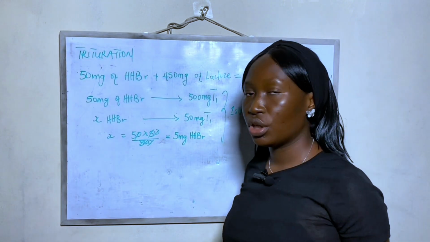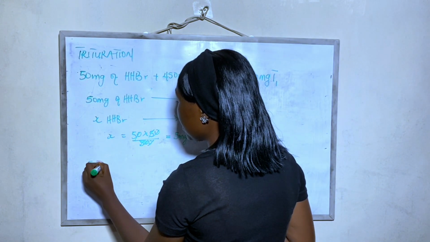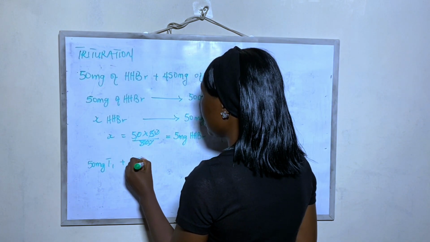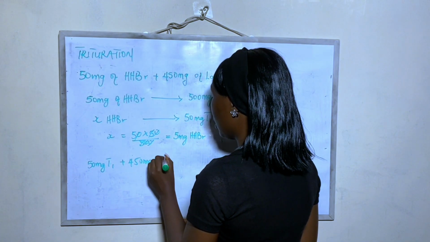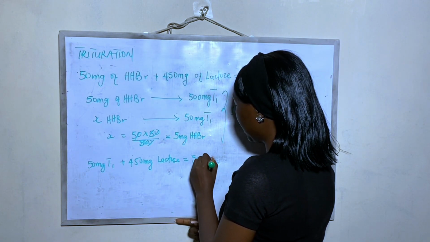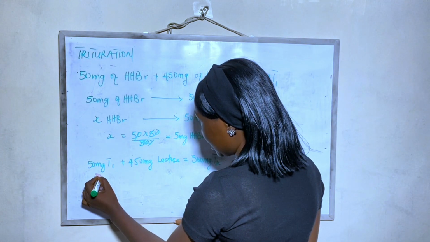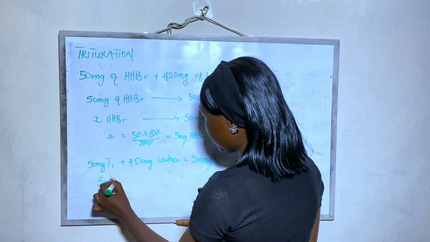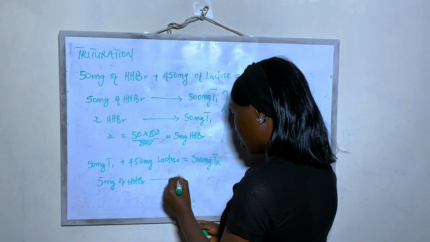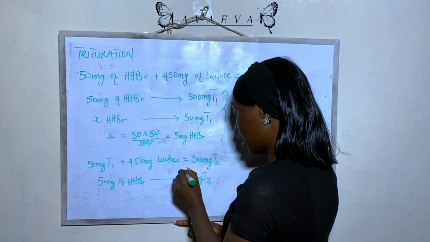Now you can consider all this as your first step of trituration. Now you go further by saying 50 milligrams T1 plus 450 milligrams lactose will be equal to 500 milligrams T2. Now you have it as 5 milligrams of hyoscine hydrobromide contained in 500 milligrams T2.